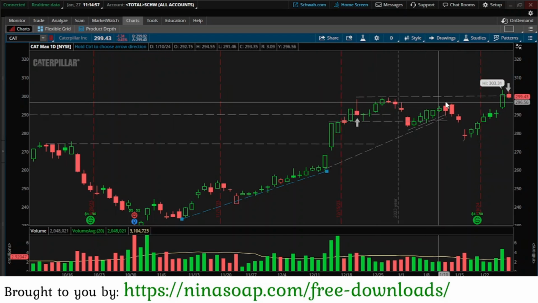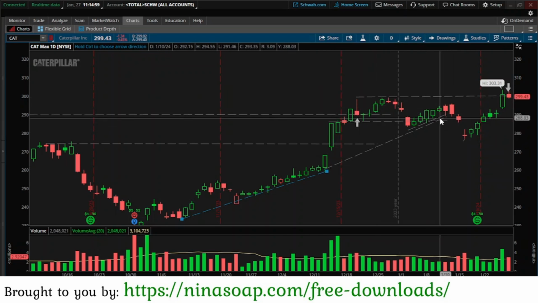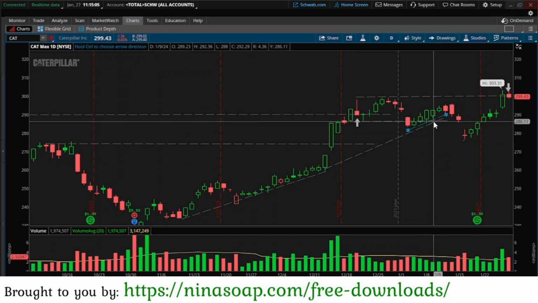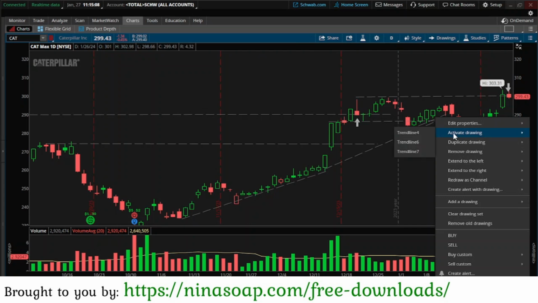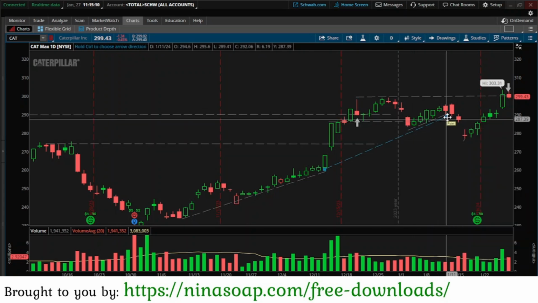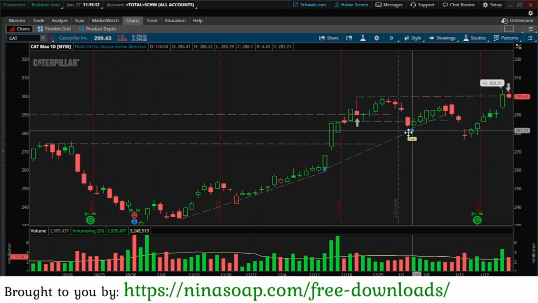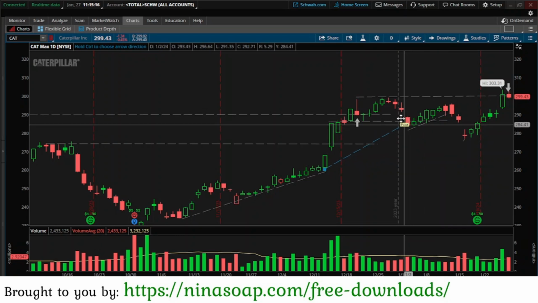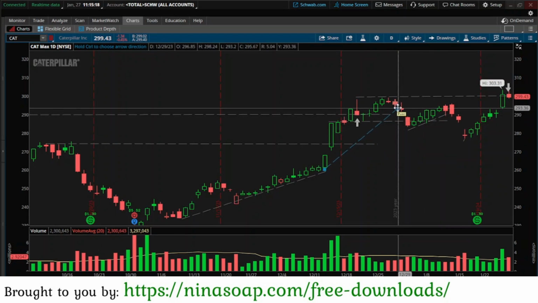But I won't say that, because I realized a lower high. When you have a lower high, the previous trend ended. So this trend technically ended somewhere here.